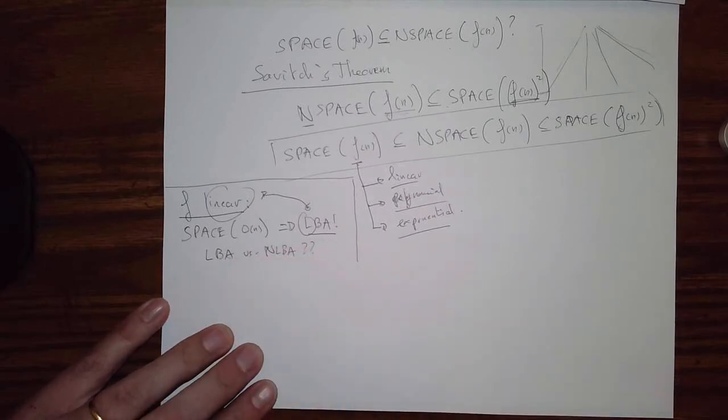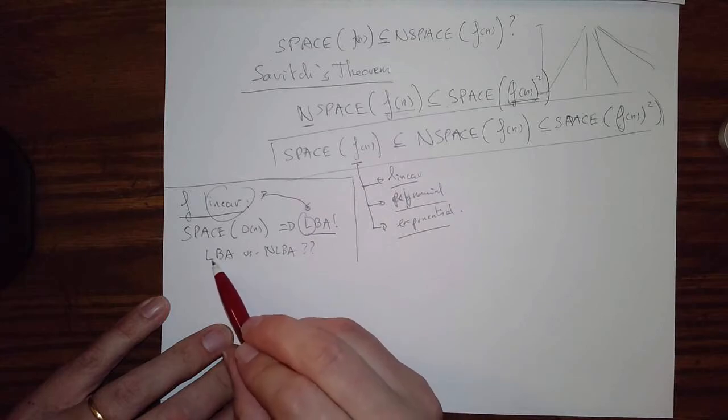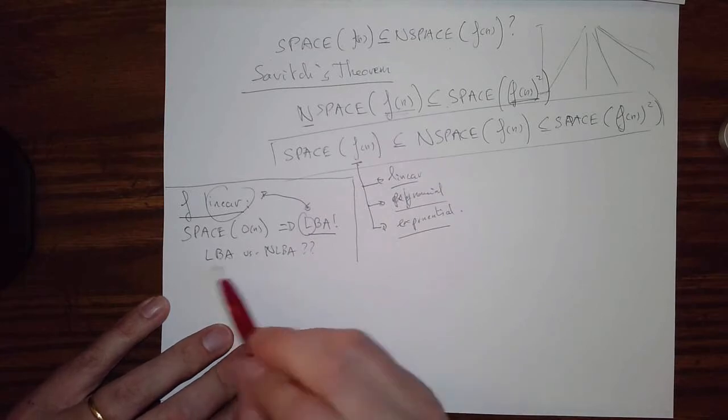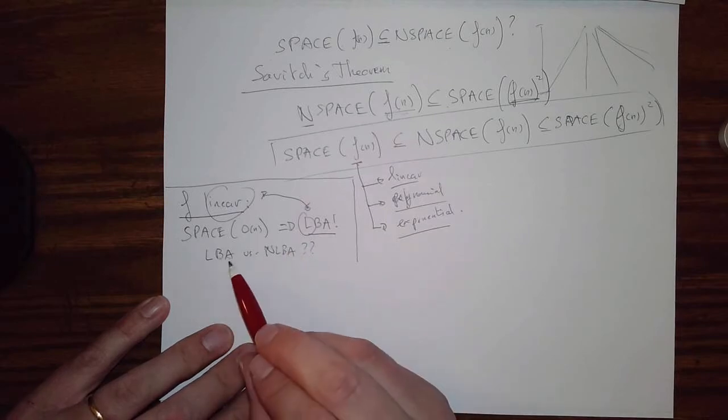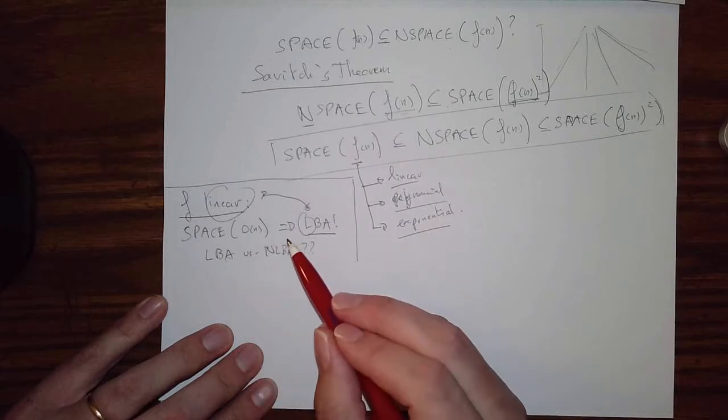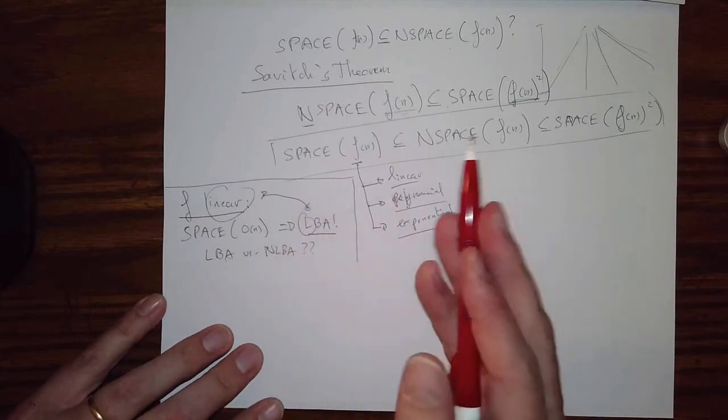Remember, for finite automata, they recognize the same languages. For PDA, they don't. For Turing machines, they do. But for LBA, we don't know.